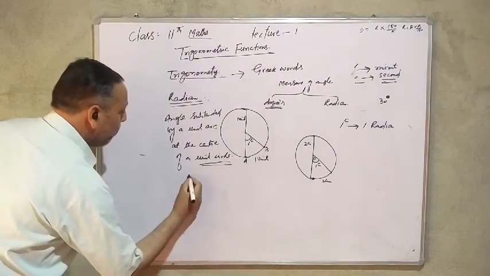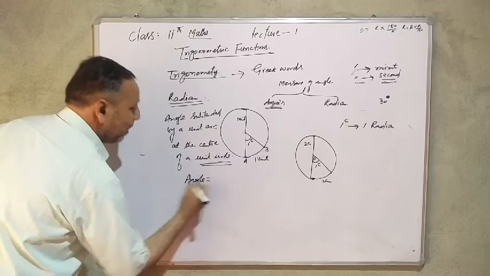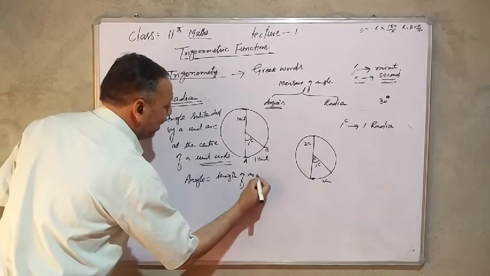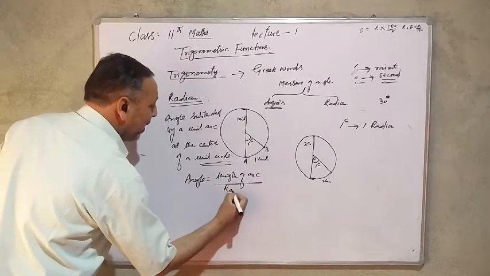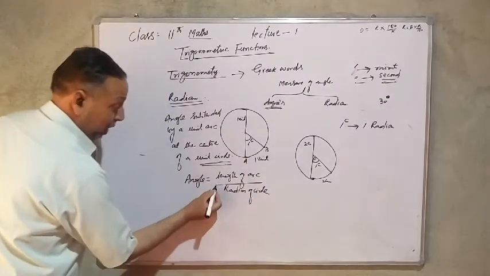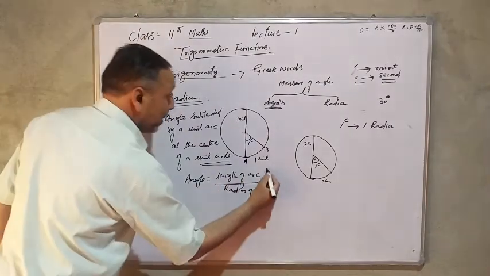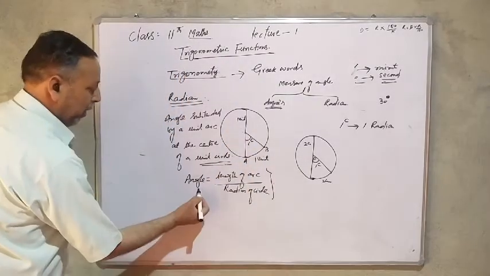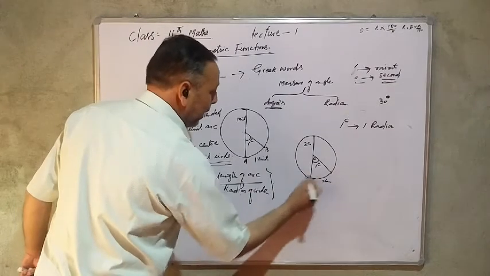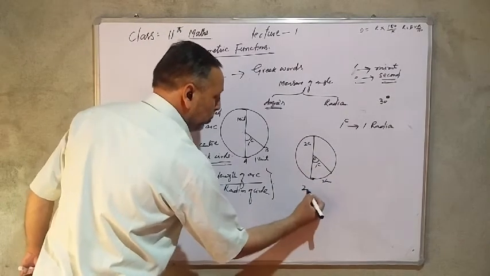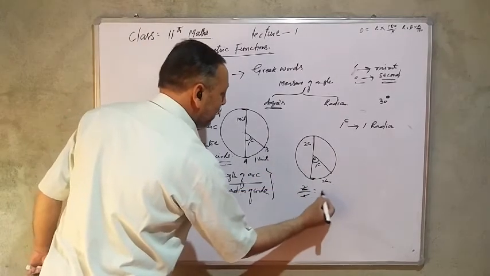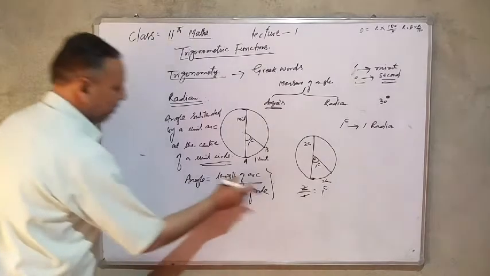You must remember, angle is equal to length of arc divided by radius of circle. Important. Here, the length of arc is 2, divided by the radius of circle, which is also 2. 2 and 2 cancel. The angle is 1 radian.